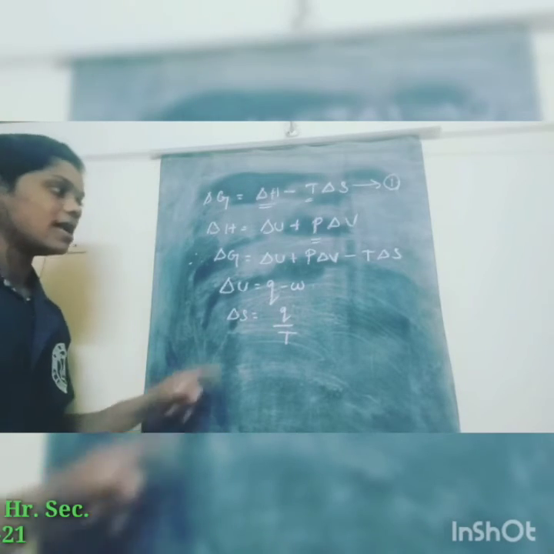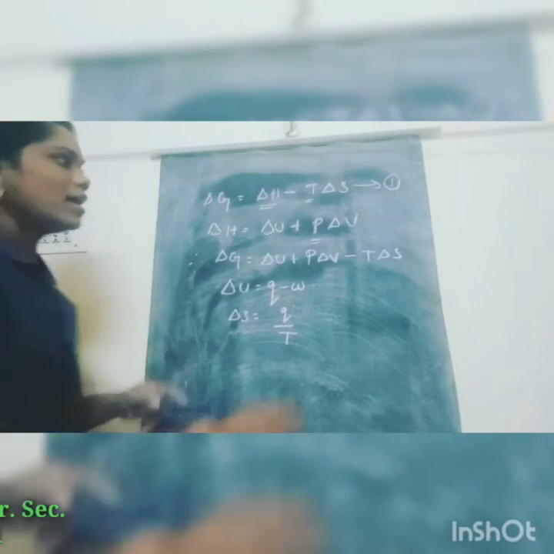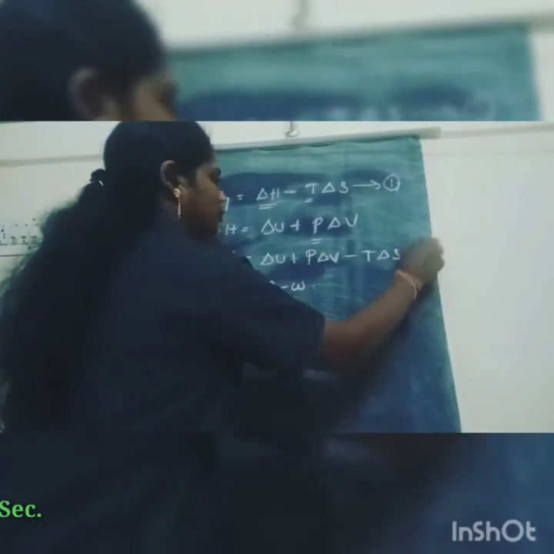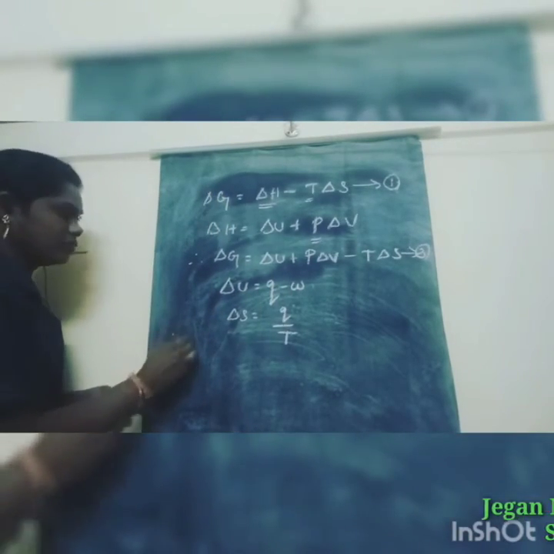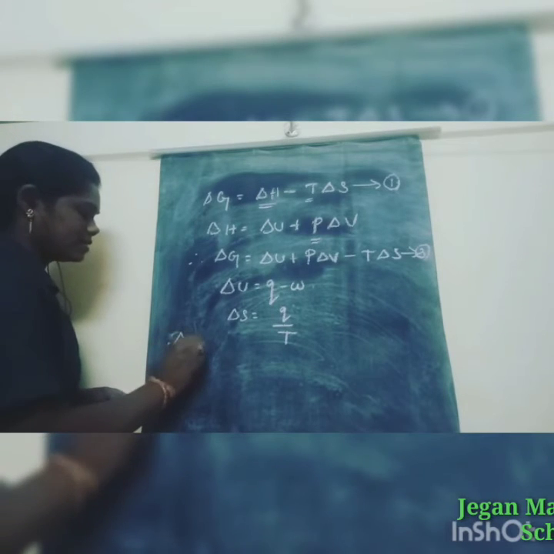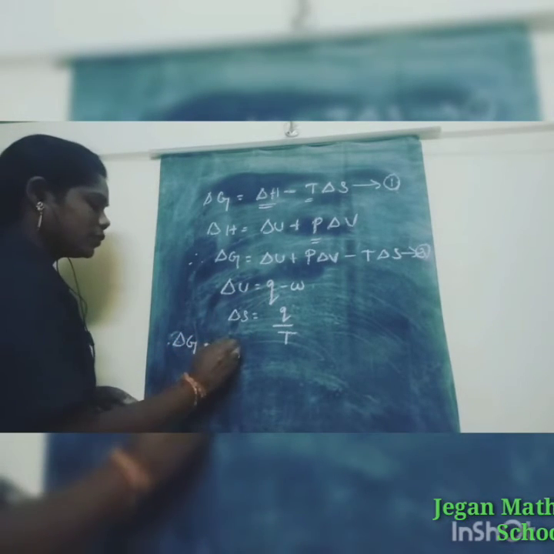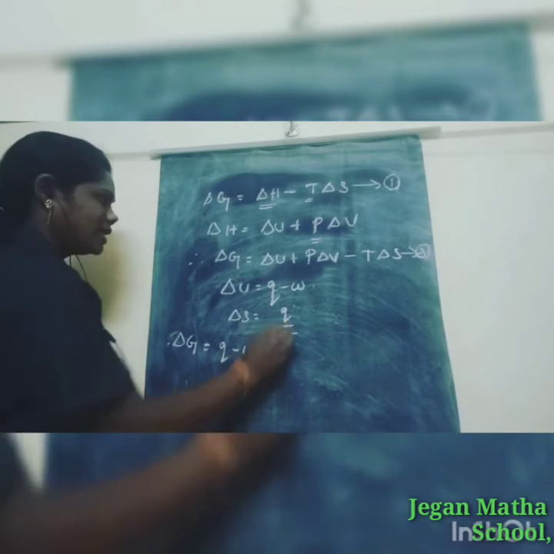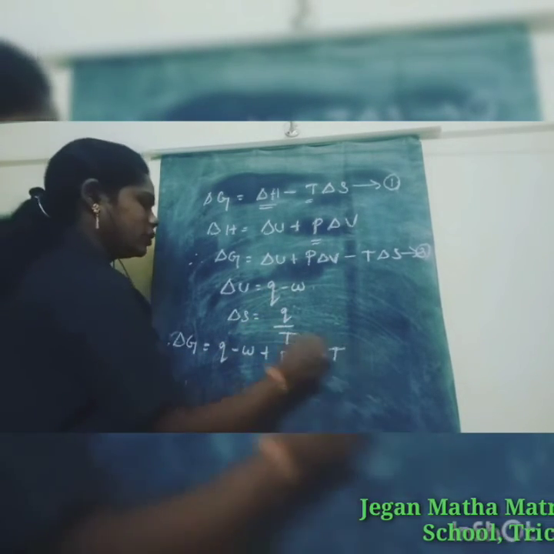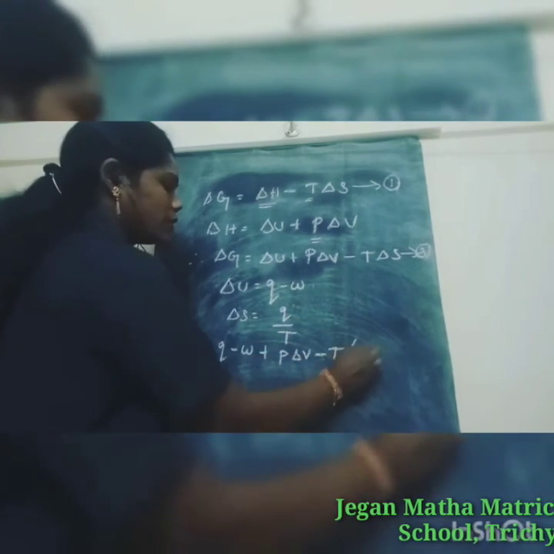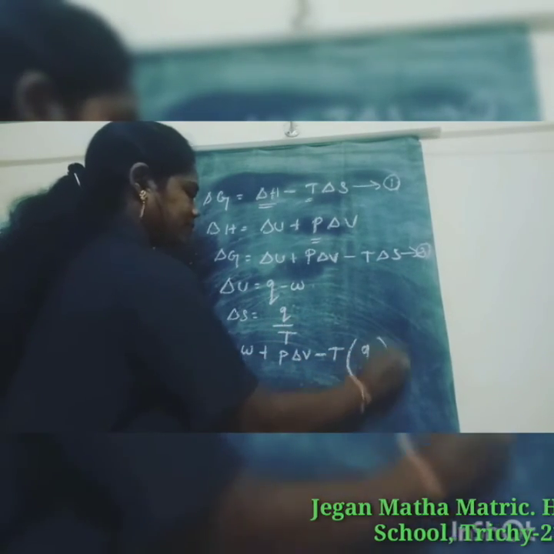Apply these in equation number 2. So del G is equal to del U, that is Q minus W, plus P into del V minus T into del S, that is Q by T.